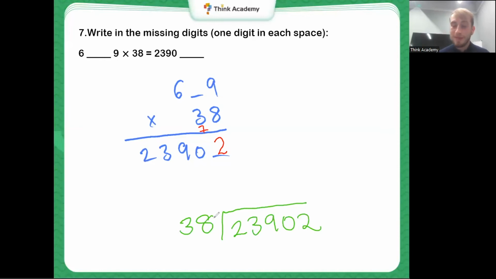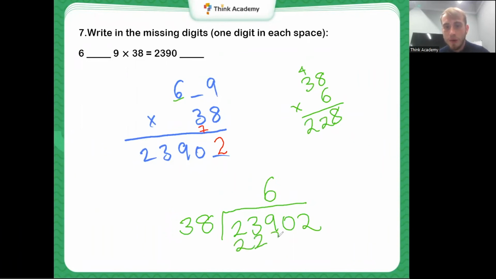Now, this is quite a difficult long division, but we already know the first digit is a 6. So I know that there's going to be 6 38s in 239. And let's check. 38 times by 6 should give me 8, carry the 4, 18 plus the 4, 228. So that works out well. And we have a remainder of 11.